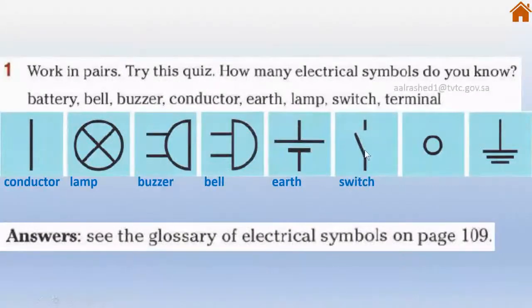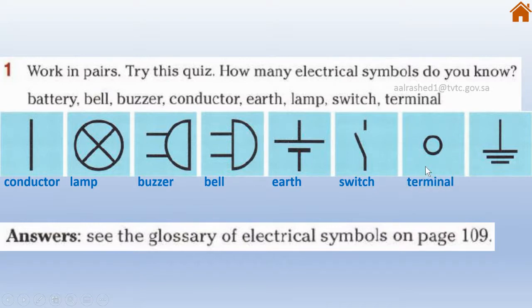This is the switch. As you can see, the switch is turned off. Now there is no electrical current because you switched the current off. If you switch it on, then it will connect and become a conductor.